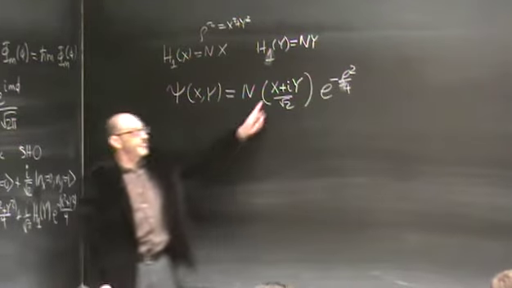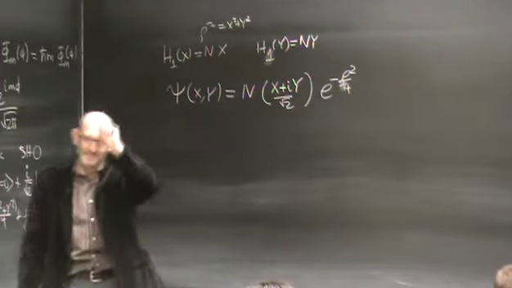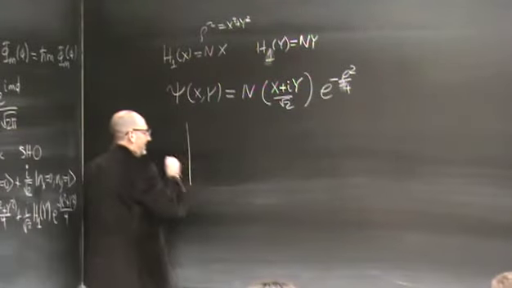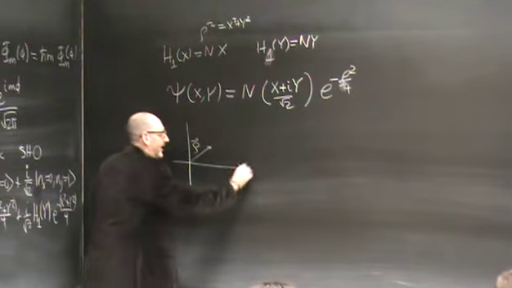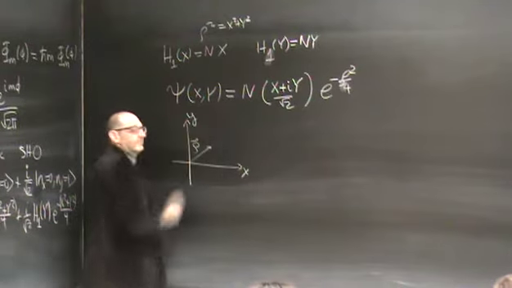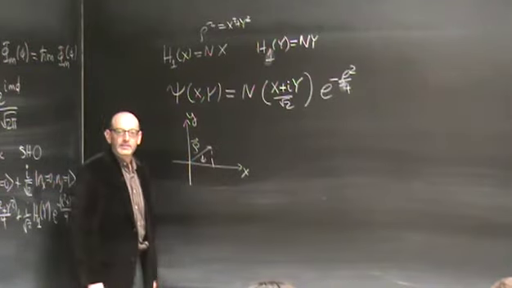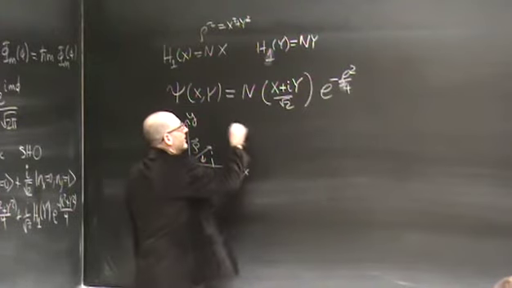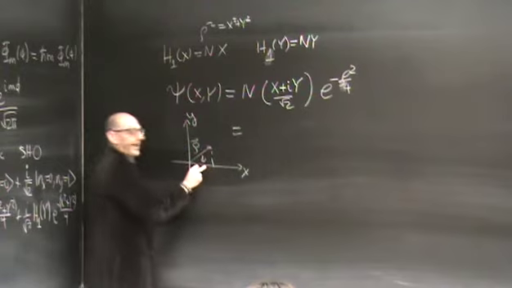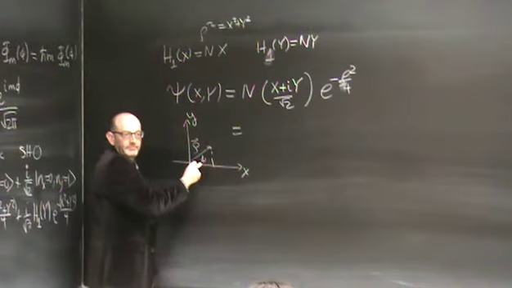All right, what about this? Well, let's look at cylindrical coordinates. Here's my vector, rho, in the xy plane. Phi is this angle. x is equal to rho cos phi. y is equal to rho sine phi.